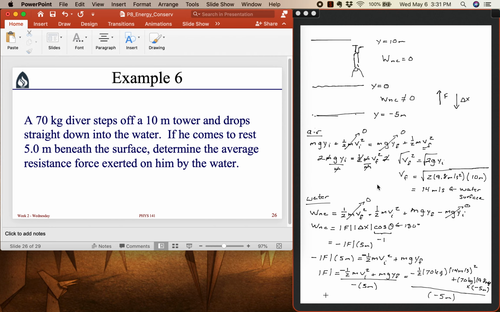So if I put that into my calculator, I'm going to get an amount of force equal to 2,058 newtons. And so that is the average resistance force that is acting on the diver.